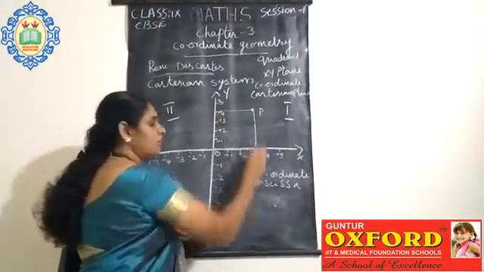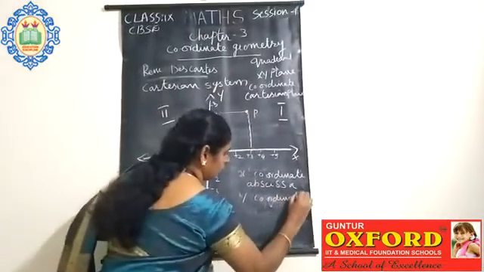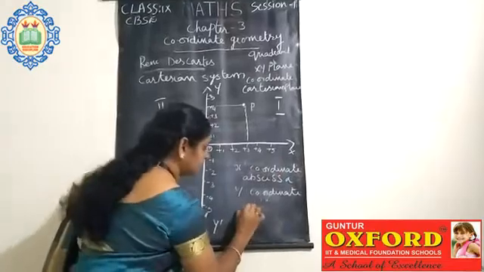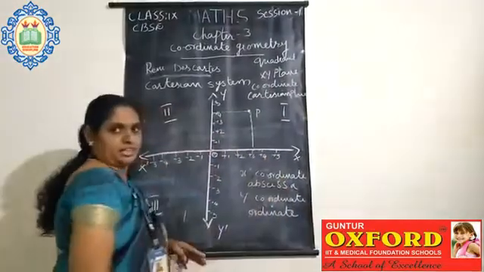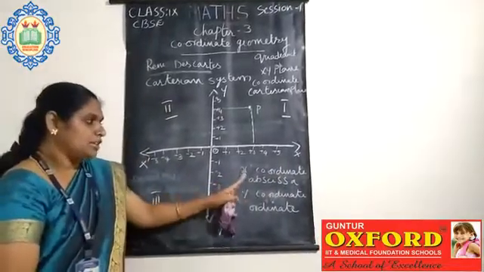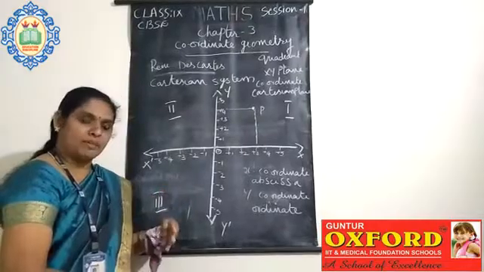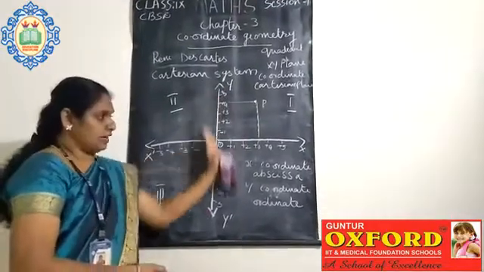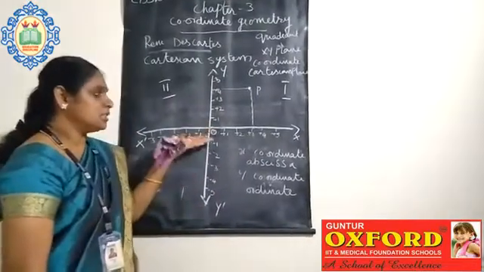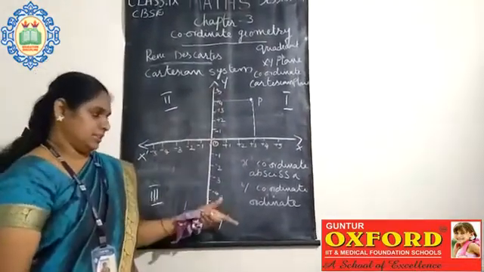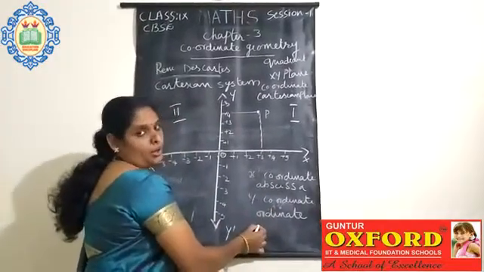That is the y-coordinate, otherwise known as ordinate. Understood, children? X-coordinate, known as abscissa, is the perpendicular distance from the y-axis. Y-coordinate, also known as ordinate, is the perpendicular distance from the x-axis.